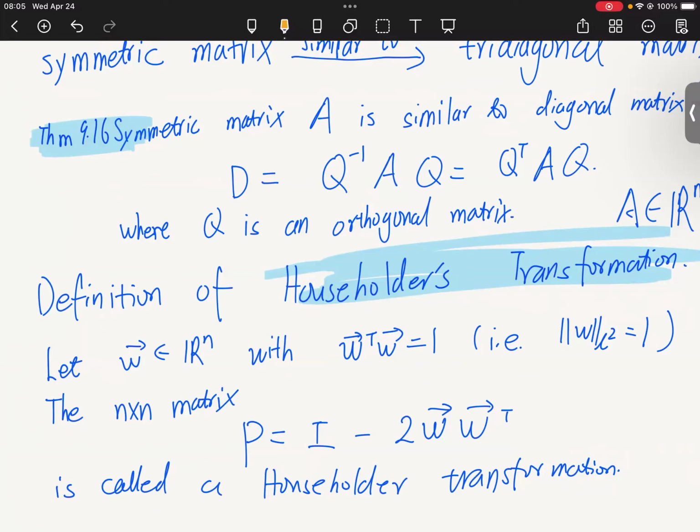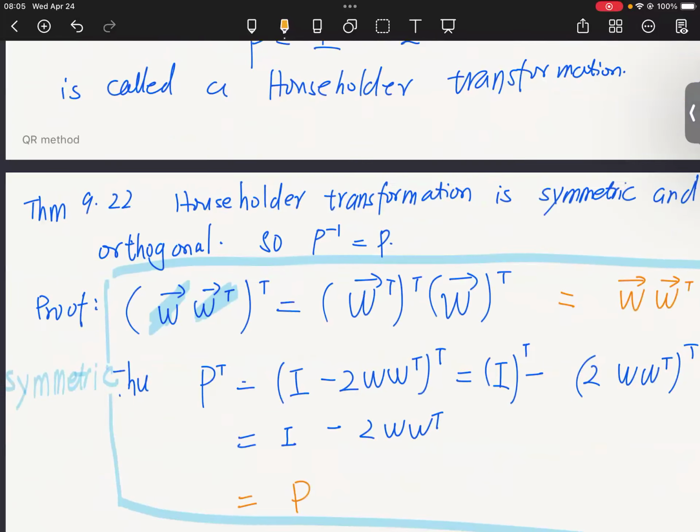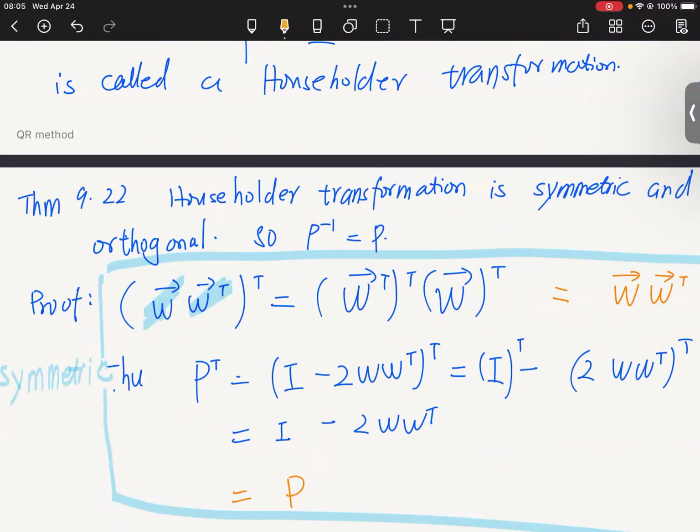This is the N by N matrix, and we call it the householder transformation. We also claim that the householder transformation is symmetric and orthogonal.